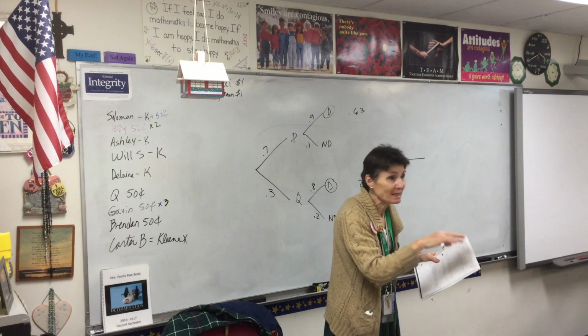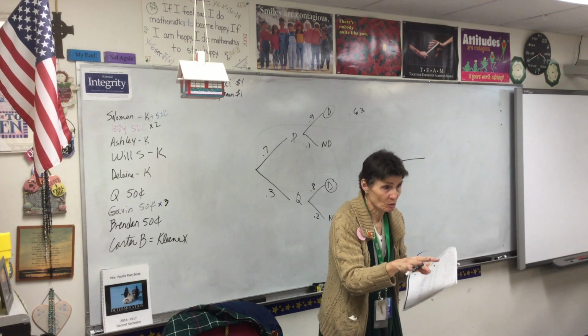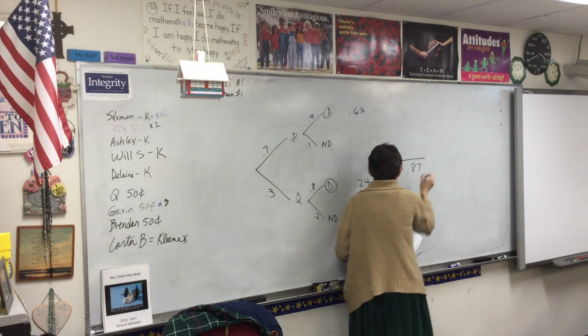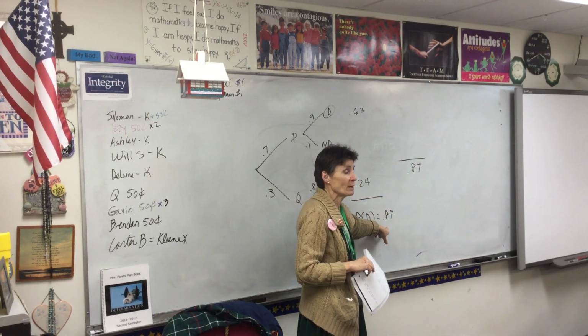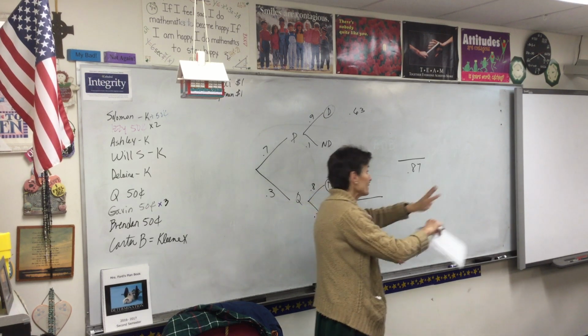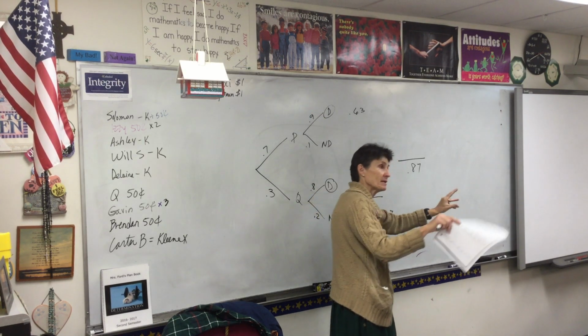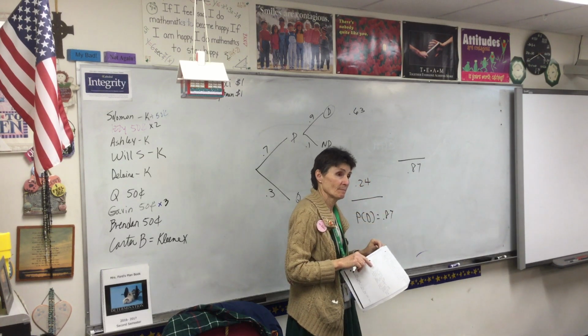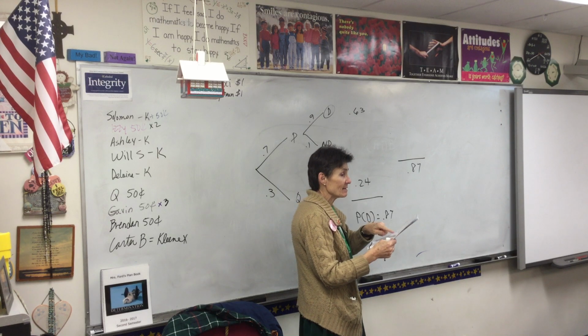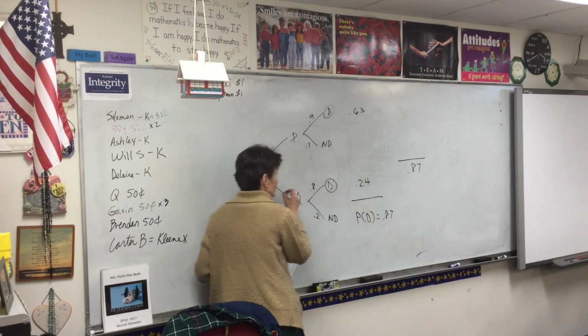So I'm only picking from the delicious ones. My denominator is the delicious bananas, which is 0.87. I'm not picking from all the bananas, only from the delicious piles. What's the probability that I got it from Q?